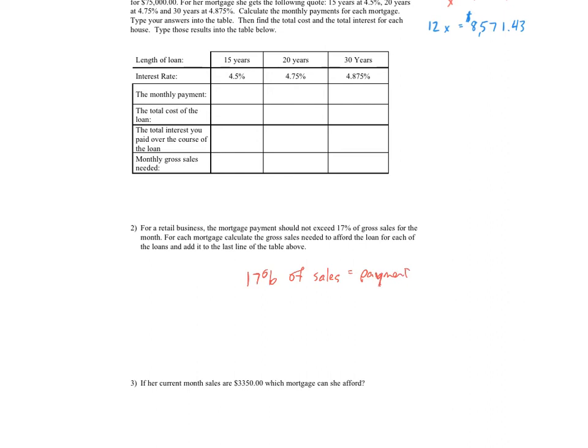So the same idea as the previous example, you solve that equation for x: 0.17 times x is equal to whatever the payment is that you got in filling out the table using the spreadsheet. Then question 3 is fairly straightforward. It's just comparing the sales for each of the 3 loans to this $3,350.